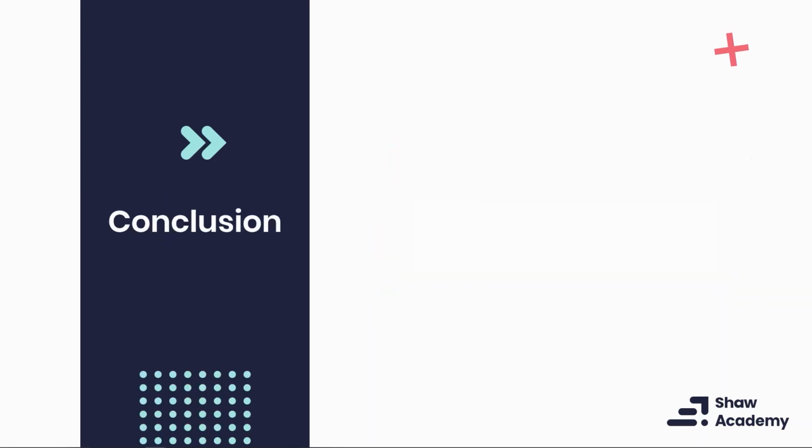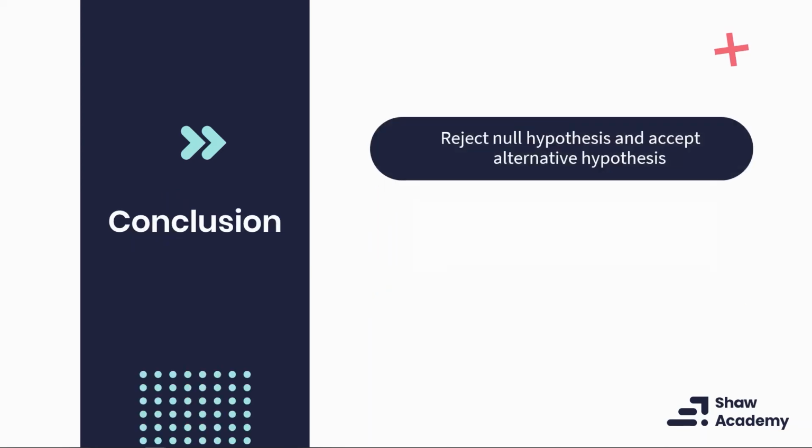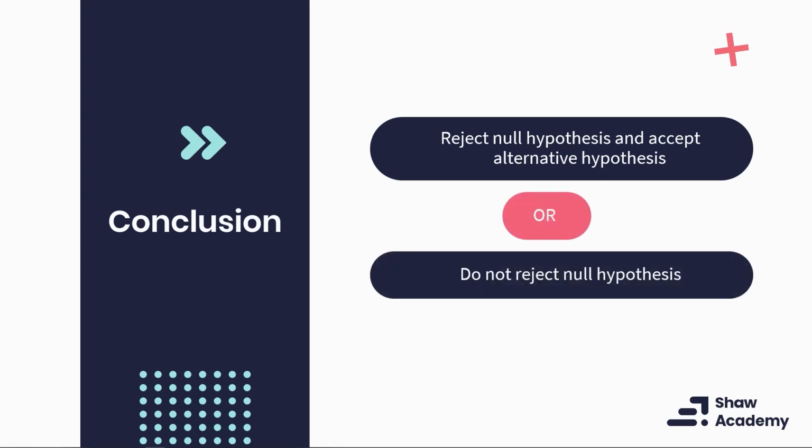Our last step would be to either reject the null hypothesis and accept the alternative hypothesis. If the test statistic falls in the rejection region, we will reject the null hypothesis. As a result, we conclude that there is enough evidence to infer that the alternative hypothesis is true. Or, the other outcome would be to not reject the null hypothesis.